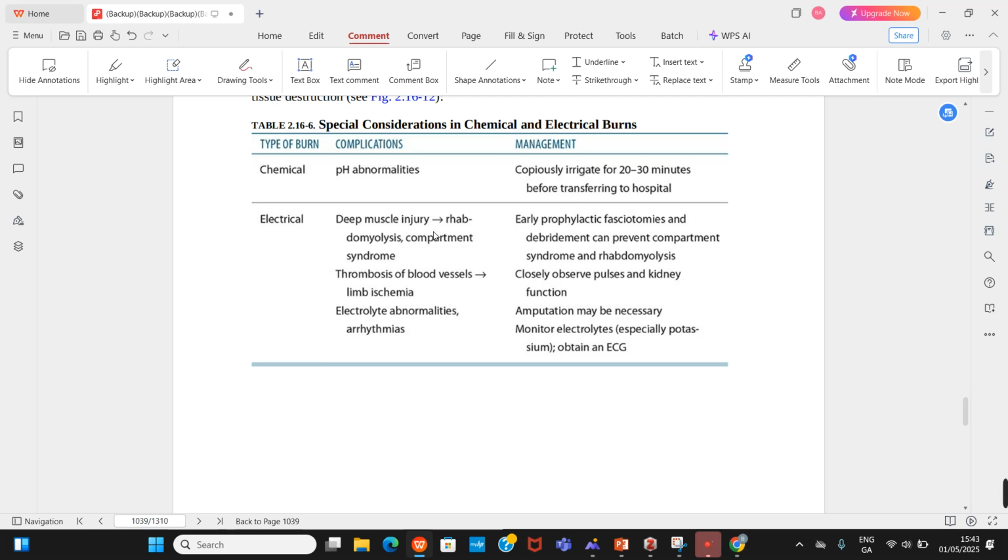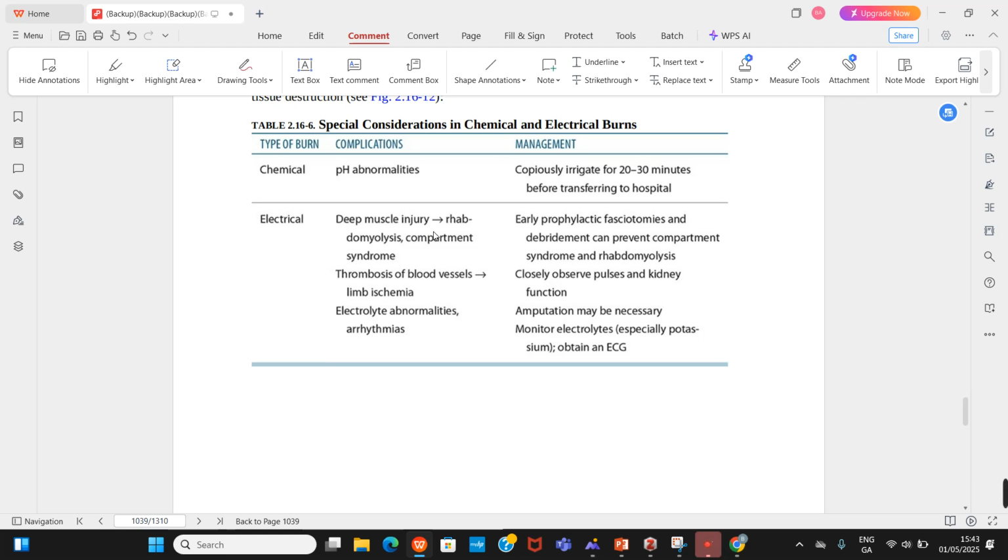So one thing that should always come to our mind with respect to electrical injury is that this muscle is going to suffer, number one. Inflammation is going to happen there, number two. Fluid is going to be there, number three, and there's going to be enlargement of that compartment, causing acute compartment syndrome.